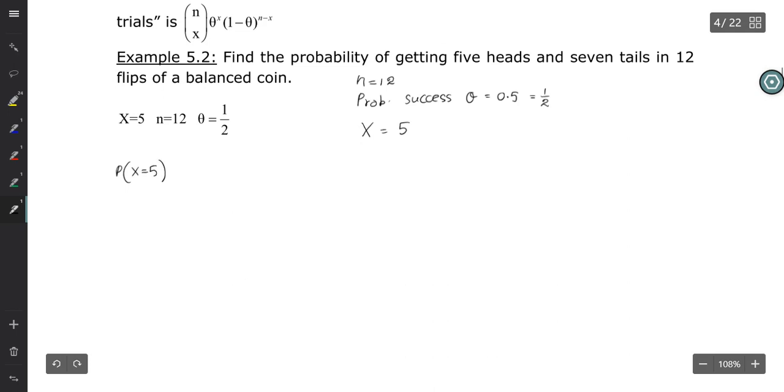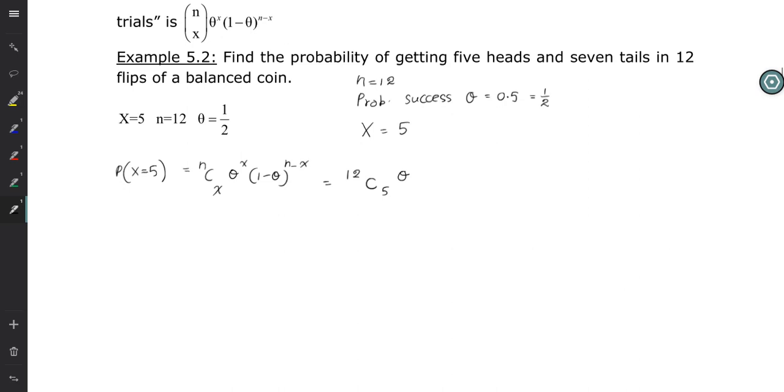We know that n is 12. Let's start with the definition. N is 12, 12 choose 5, theta to the power 5.